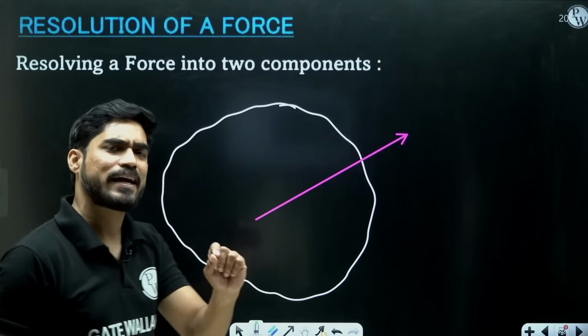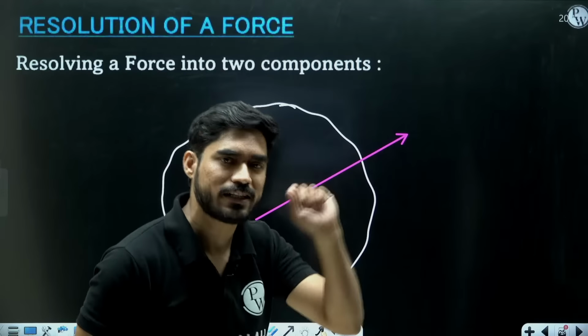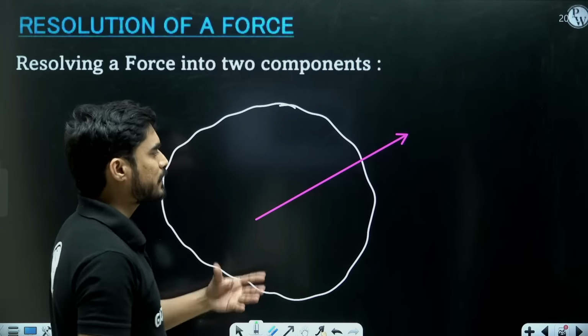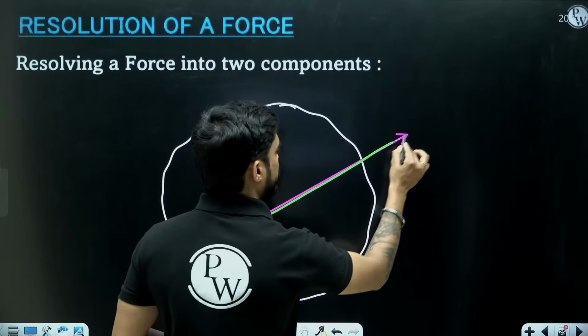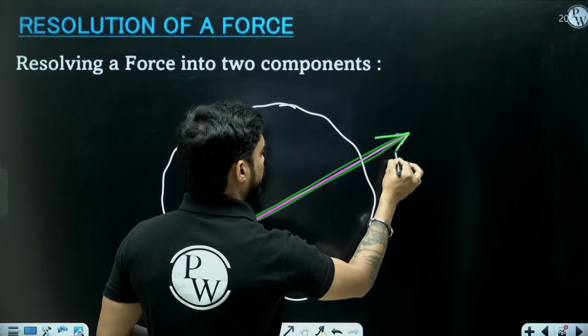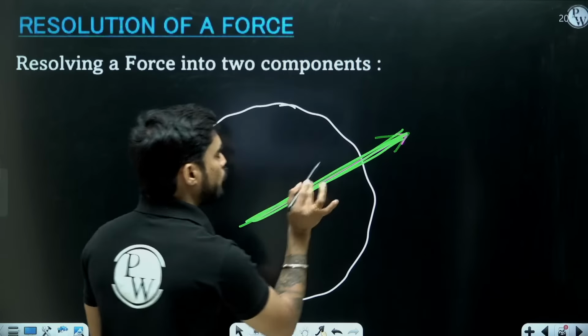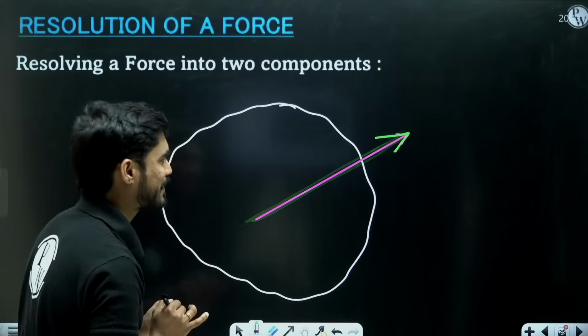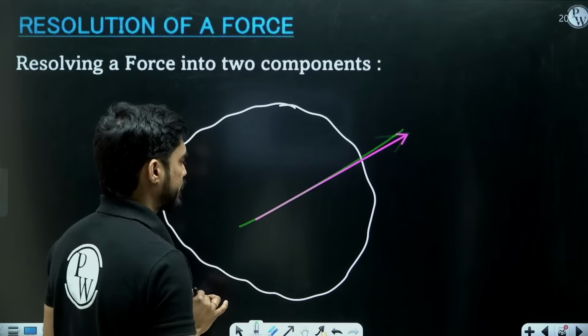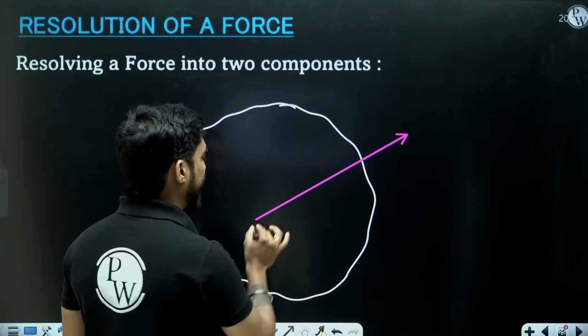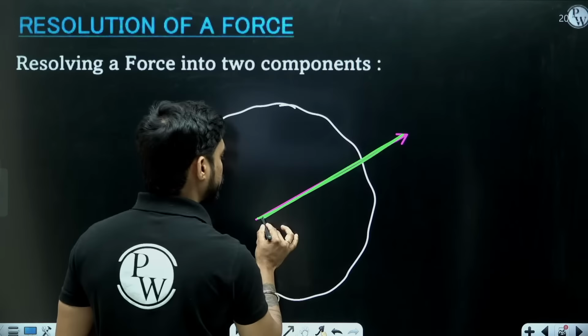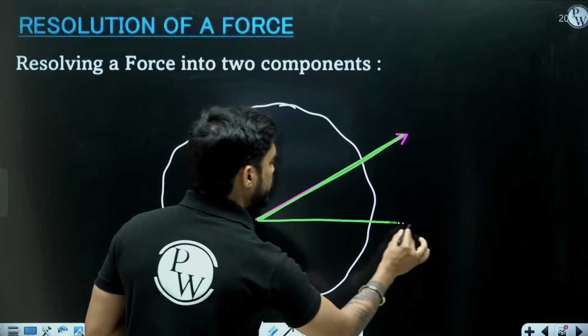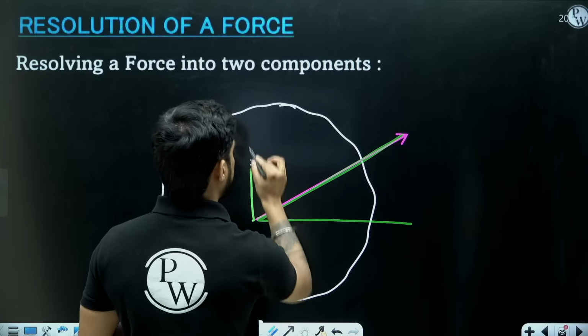In the same way we were finding the resultant. Let's imagine that this force is the resultant of two forces. Now if it is the resultant of two forces, it means that this is your diagonal. So the two forces will be something like this.